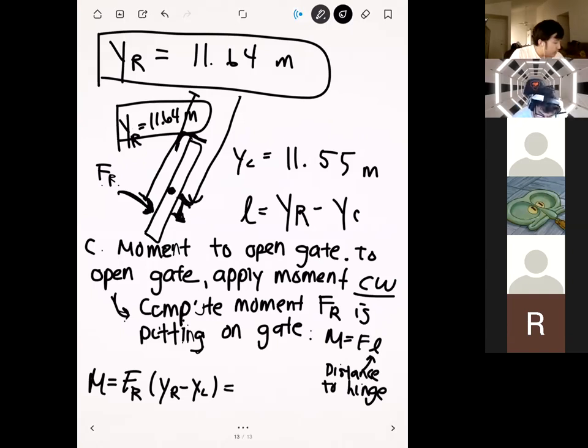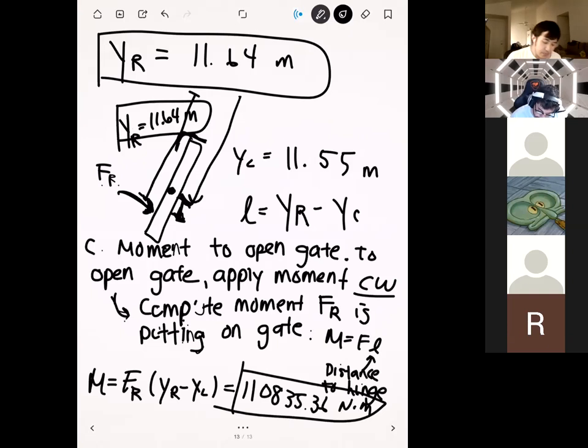And then what we get from this is 110835.36 Newton meters. So in order to open this gate, we need to apply a clockwise moment, basically in the opposite direction of that force, equal to basically 110,835 Newton meters.